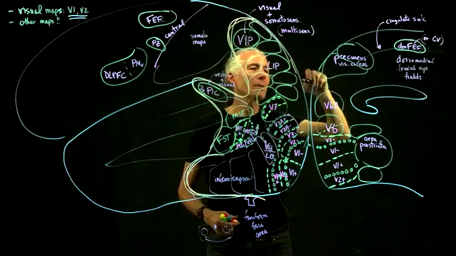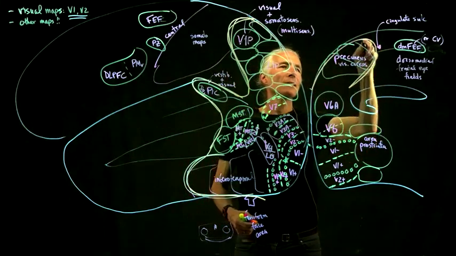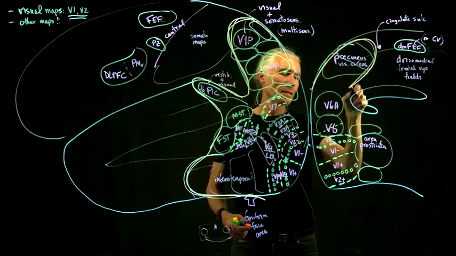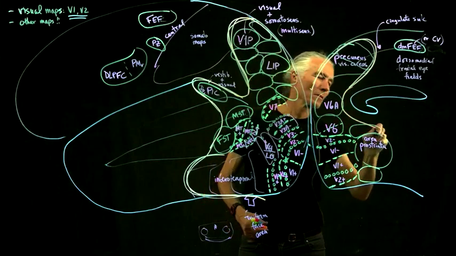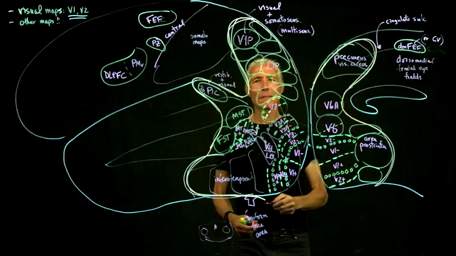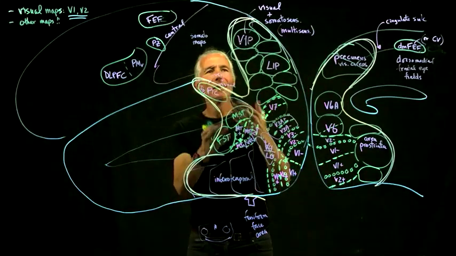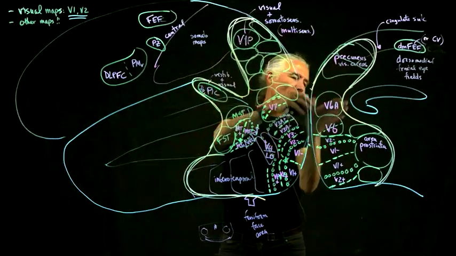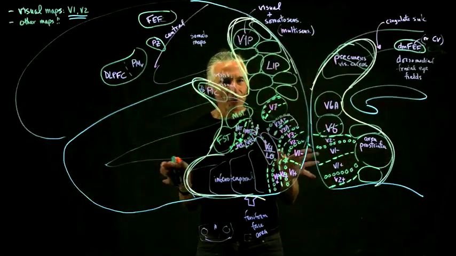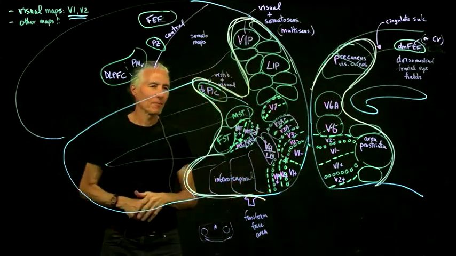And then on the midline, there's an area extending out into the precuneus. And then you can see another set of areas extending out in front of V1. So there's kind of like 1, 2, 3, 4, 5 streams coming forward in the cortex.